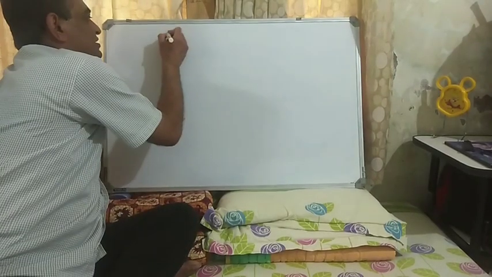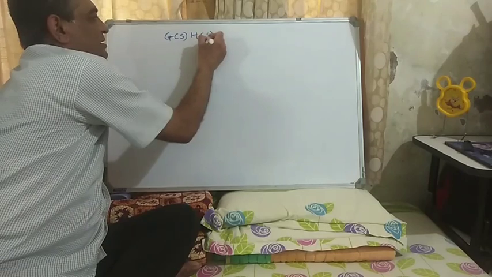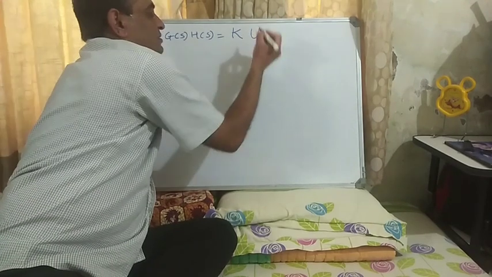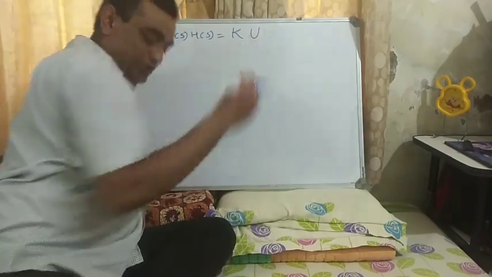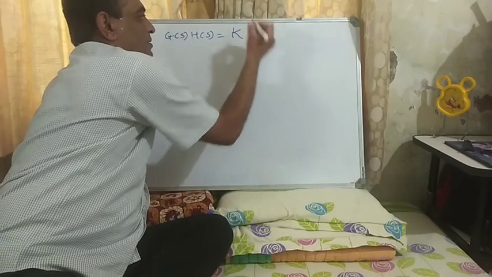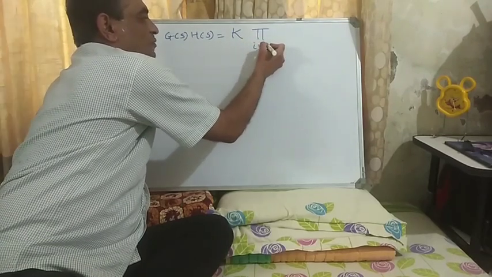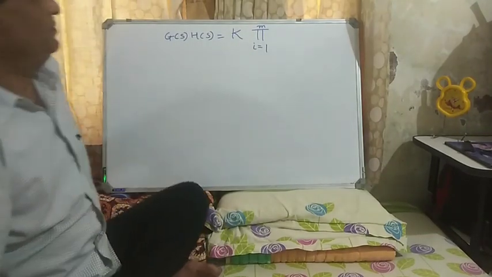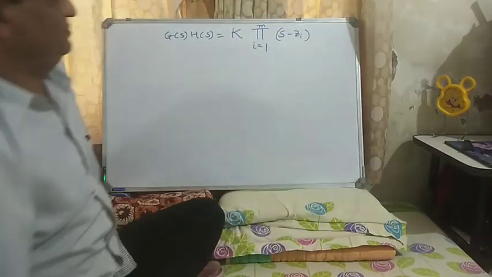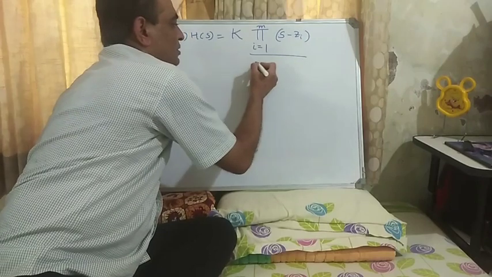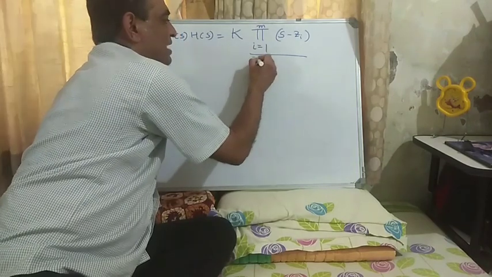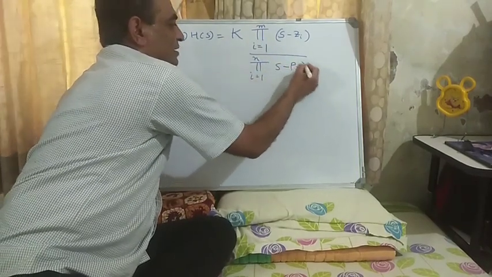So G(s)H(s) is written as gain k times the product for i equal to 1 to m of (s minus zi), upon the product for i equal to 1 to n of (s minus pi).